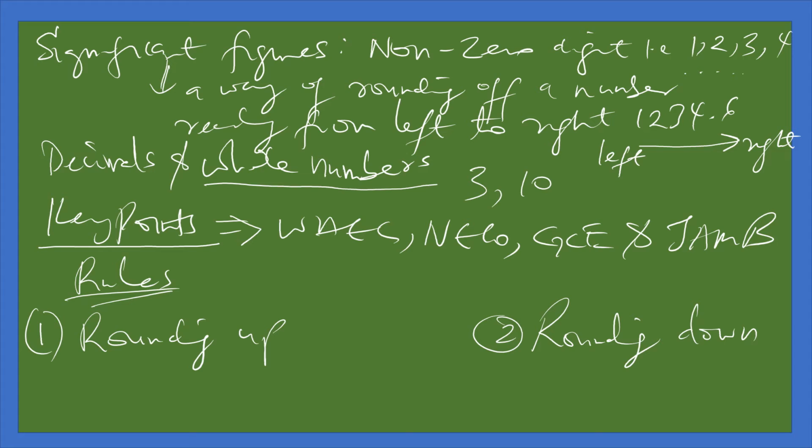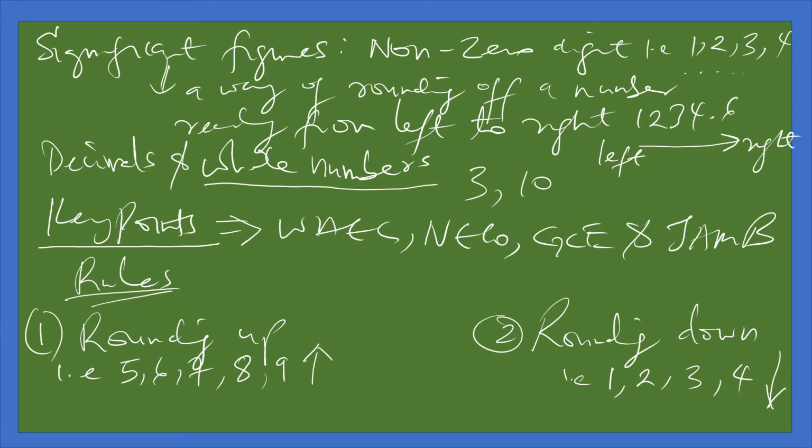Now, for the rounding up, numbers such as 5, 6, 7, 8, and 9 are usually rounded up, while numbers such as 1, 2, 3, and 4 are normally rounded down. I take it again. 5, 6, 7, 8, 9 are rounded up, while 1, 2, 3, 4 are rounded down.